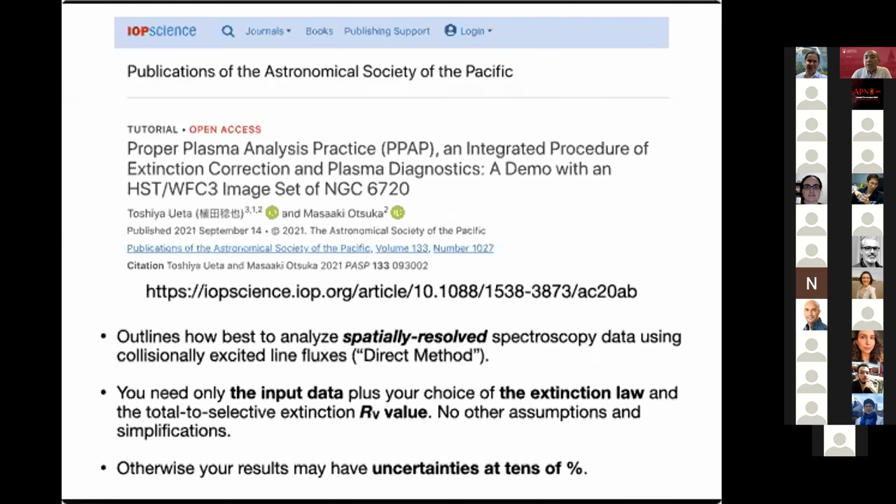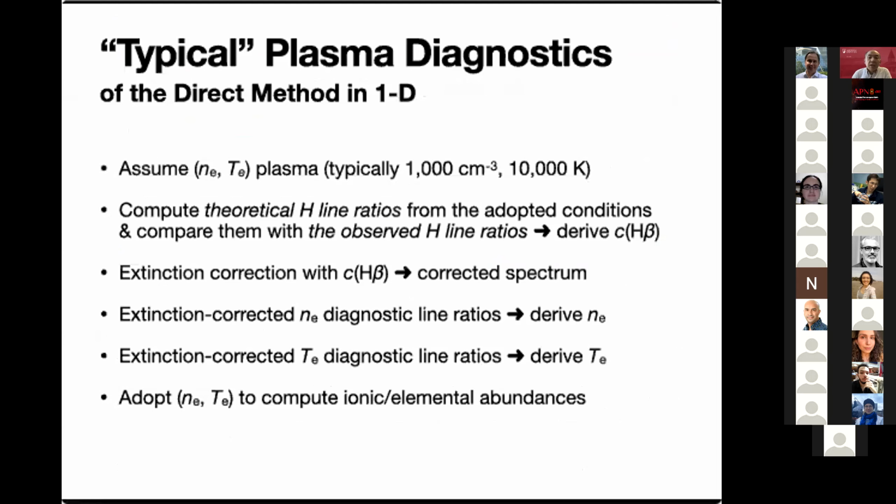So let me start by going over how data reduction for plasma diagnostics was traditionally done in 1D. Usually you start by assuming some sort of plasma that you're studying, and typically people take some numbers, in this case for example 10,000 cc and 10,000 Kelvin, and use those numbers to compute the theoretical hydrogen line ratios.